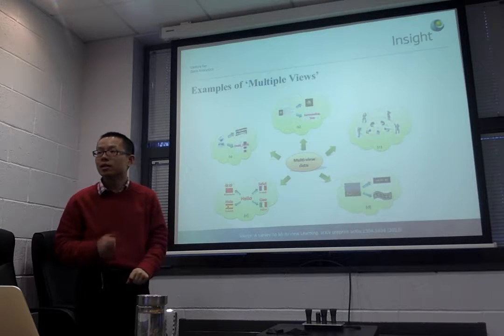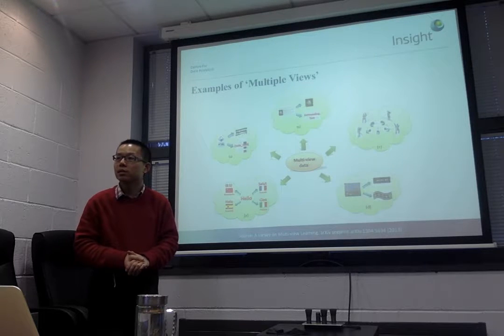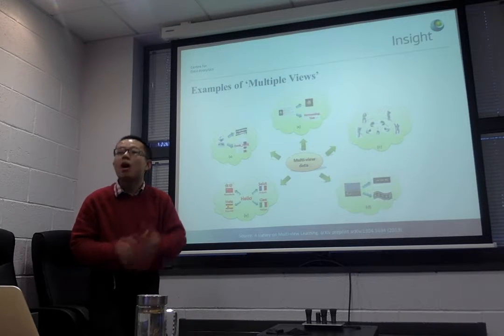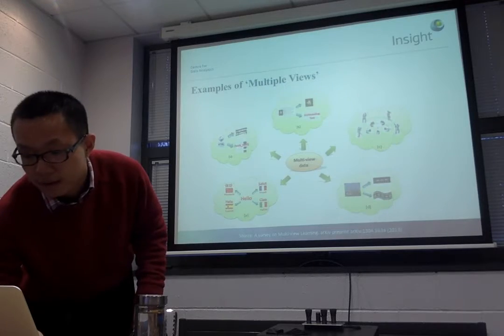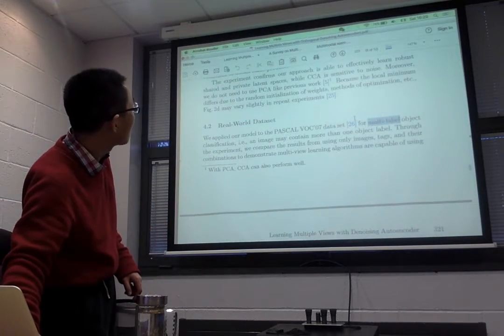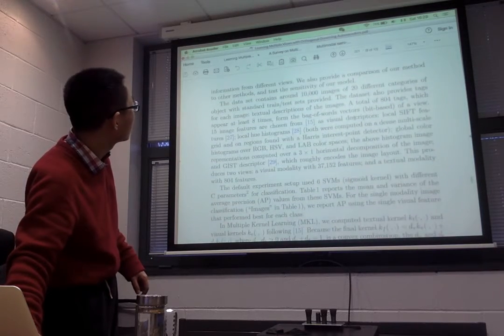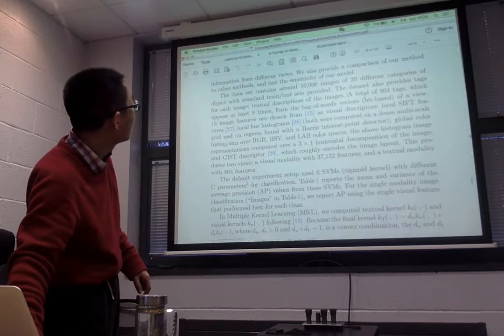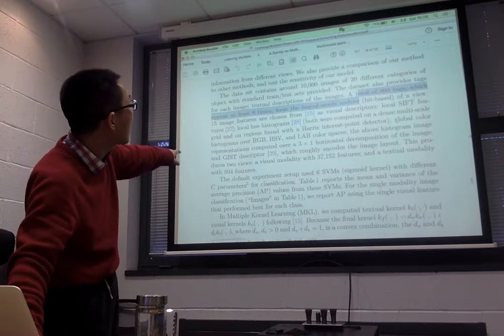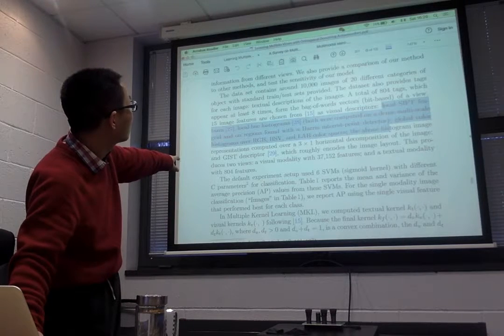Or for the text, you probably use recurrent neural networks to encode the text and so on. So what exactly do you use for these cases? Yeah, those are the tags and those are the features. Ah, okay, okay.